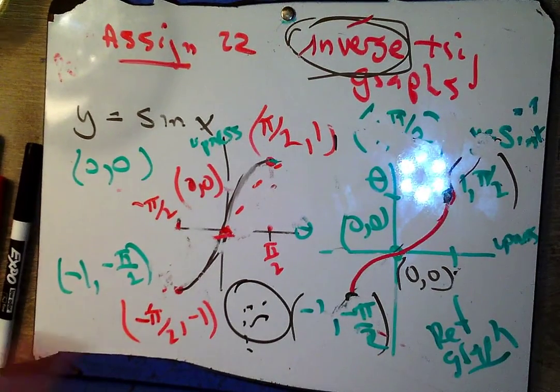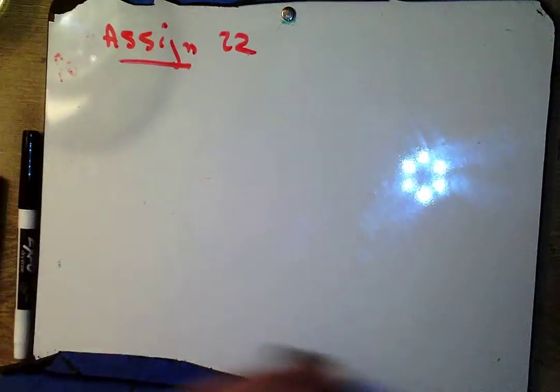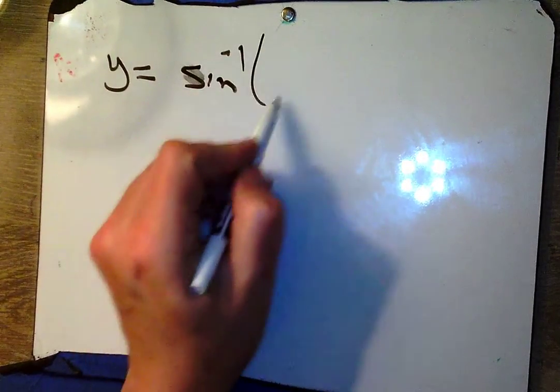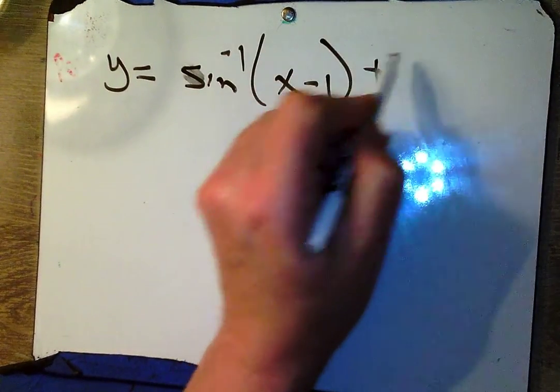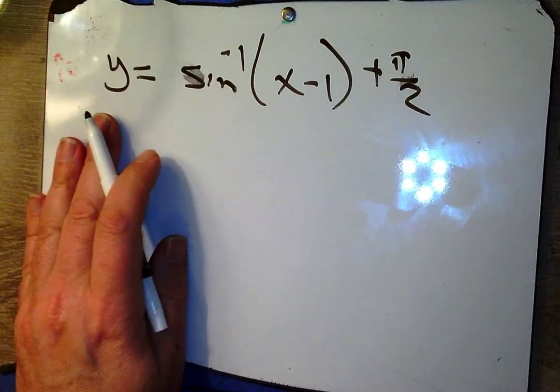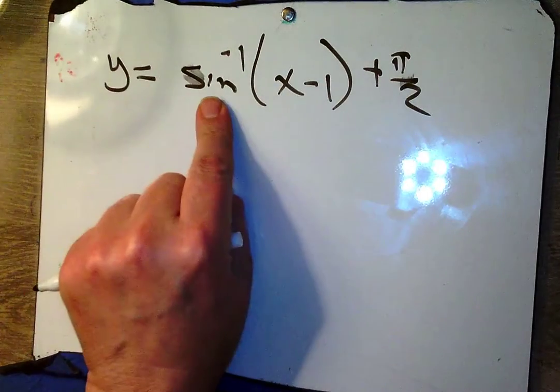And it's true, in this situation, I'm going to be doing transformations when I see these inverse trig functions. So if I'm given y equals 2 sine inverse of x minus 1 plus pi over 2, I feel like I'm really well set up to do transformations. I have to know this shape.